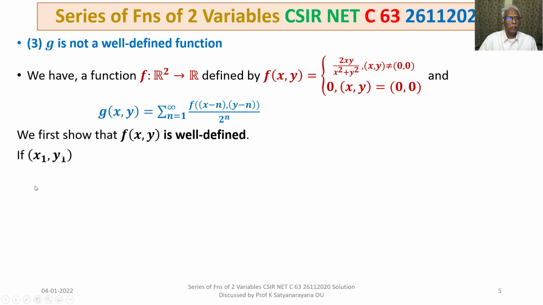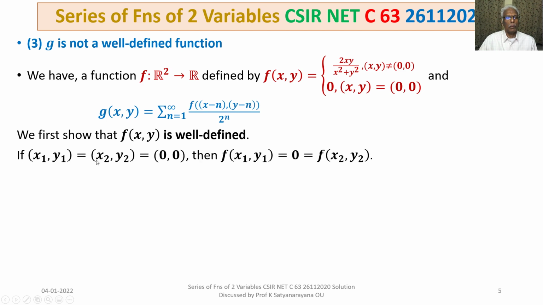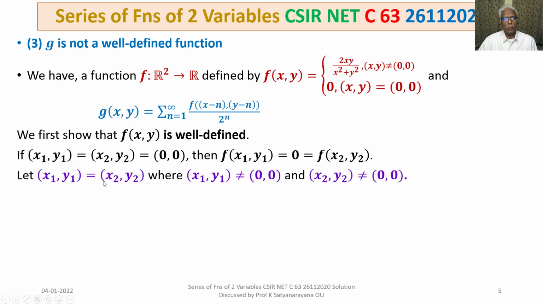Now, if the ordered pair (x1, y1) is equal to the ordered pair (x2, y2) is equal to (0, 0), then obviously f of (x1, y1) at the origin is 0, and f of (x2, y2) at the origin is 0. They are equal. Let (x1, y1) be equal to (x2, y2), where (x1, y1) is not the origin and (x2, y2) is not the origin.